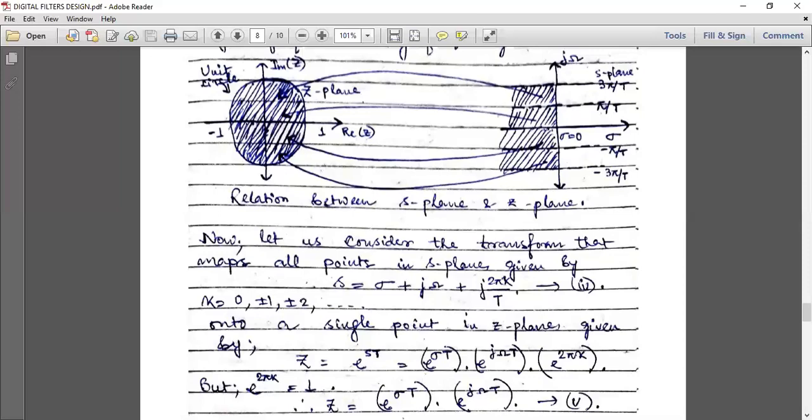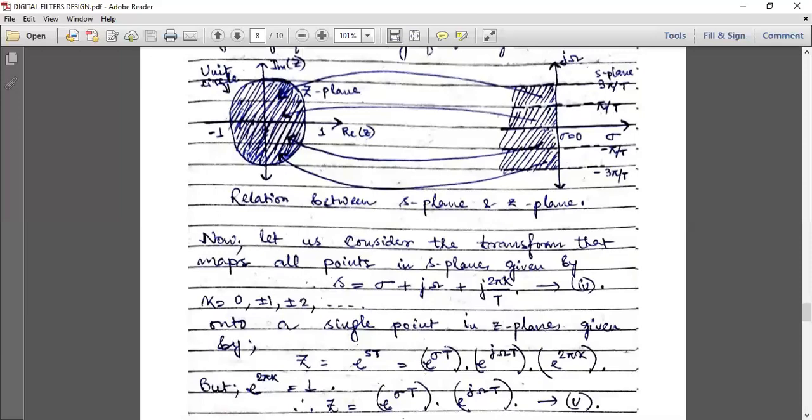Now let us consider the transform that maps all points in S-plane given by S equal to sigma plus j omega plus j 2 pi k by t, where k is 0, plus minus 1, plus minus 2, and so on, onto a single point in Z-plane given by Z equal to e to the power st. Now what is S? S is obviously sigma plus j omega plus j 2 pi k by t. If you split it, it will turn out to be e to the power sigma t into e to the power j Ohm t into e to the power 2 pi k.